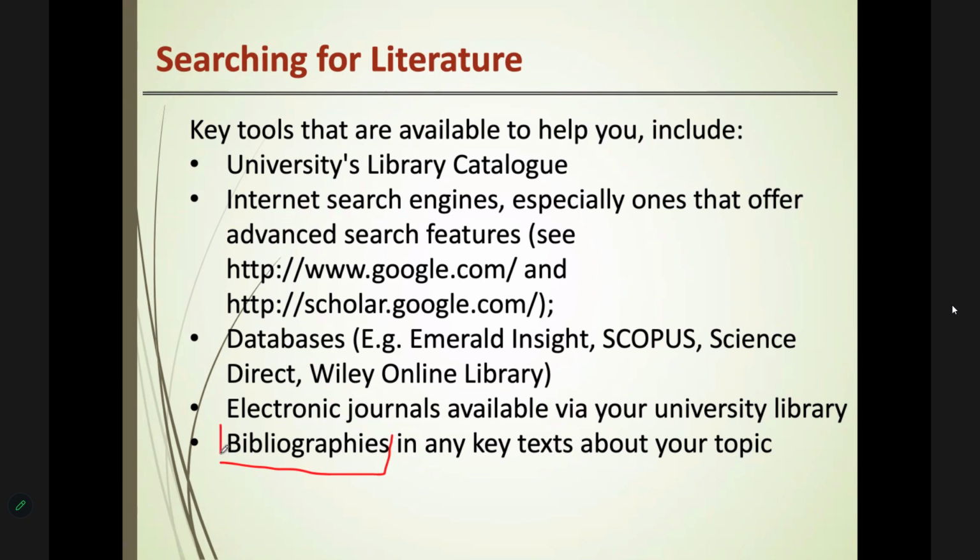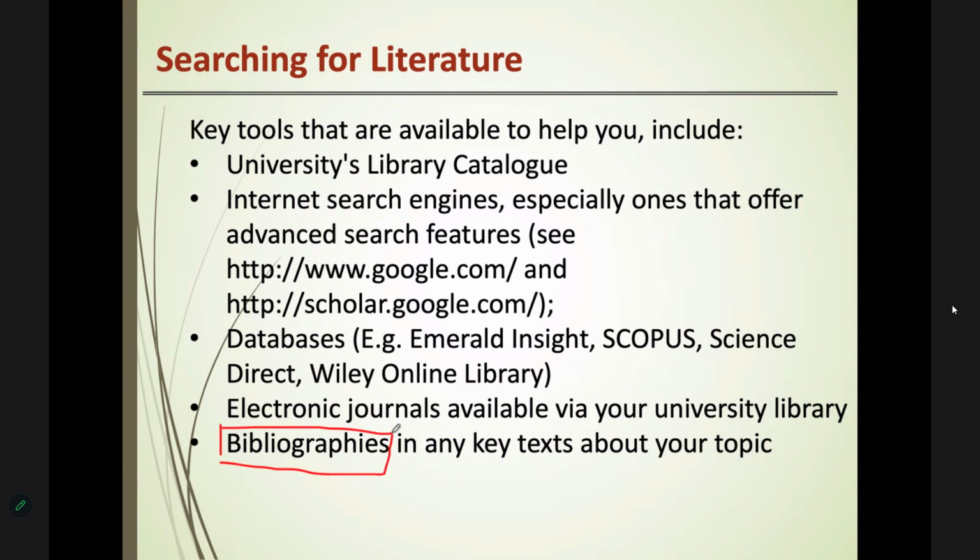But the bibliography is one of the sections in any paper that you can find. It gives you the list of literature used for a research paper. Say, for example, you download just one good paper relevant to your topic. Assume that you don't have enough literature on your topic, but you manage to find one good journal.